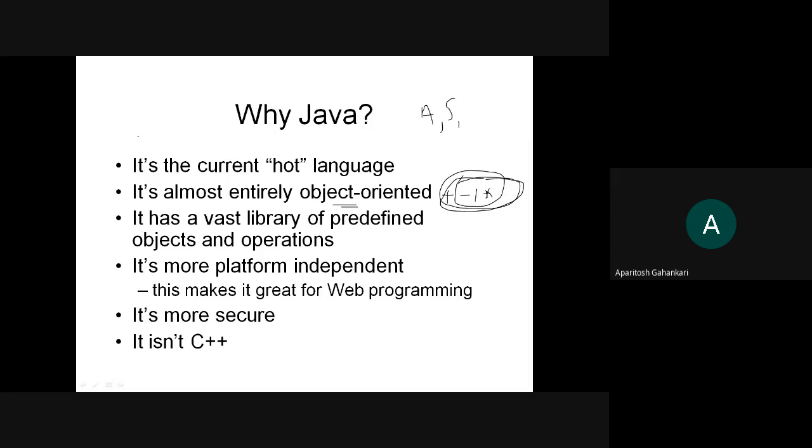So this makes it great for web programming because it deals with heterogeneous kinds of hardware, and the web requires this kind of capability, and that is why it is very important to have this type of capability. And it's more secure, and it is not just C++, it is more than that.